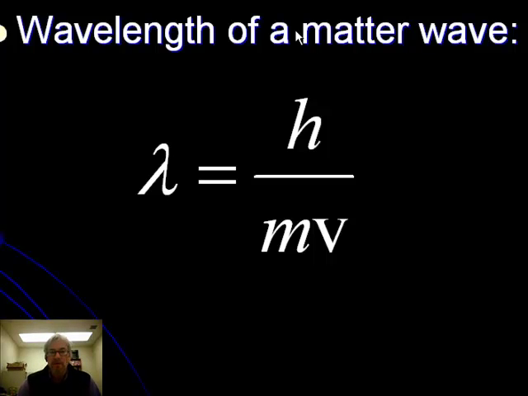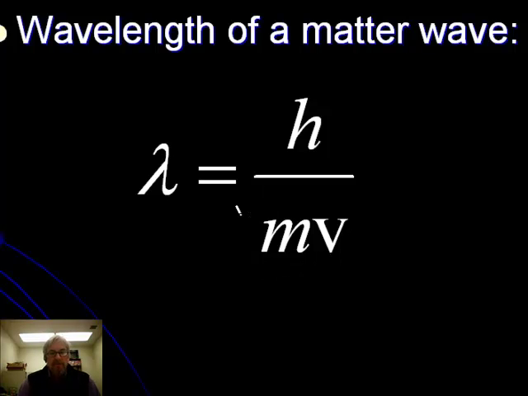So it's easy to see why large objects don't show a significant matter wave. You can throw a baseball at me and I don't see a wave, I see a particle. It's because the mass of that baseball is quite large. And so in the denominator, a large number is going to make a very short wavelength. In fact, so small that it doesn't even appear to be a part of the matter itself.